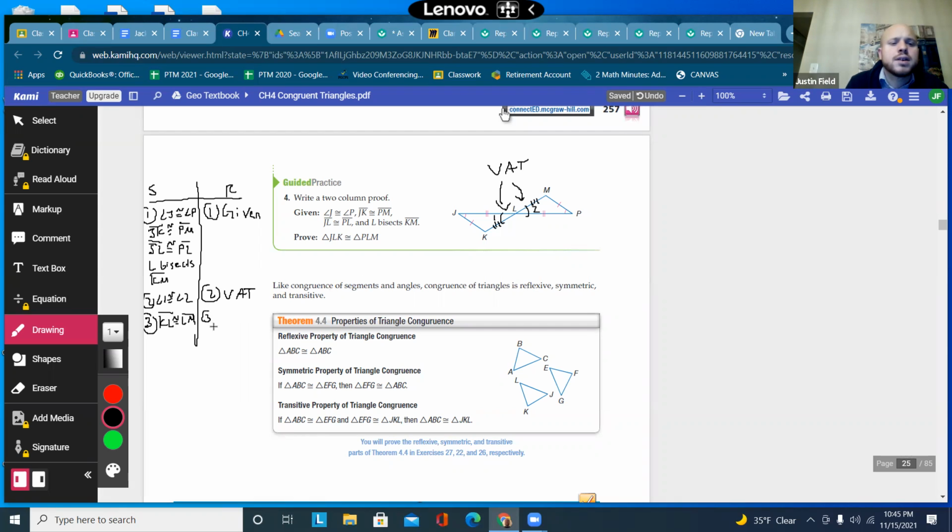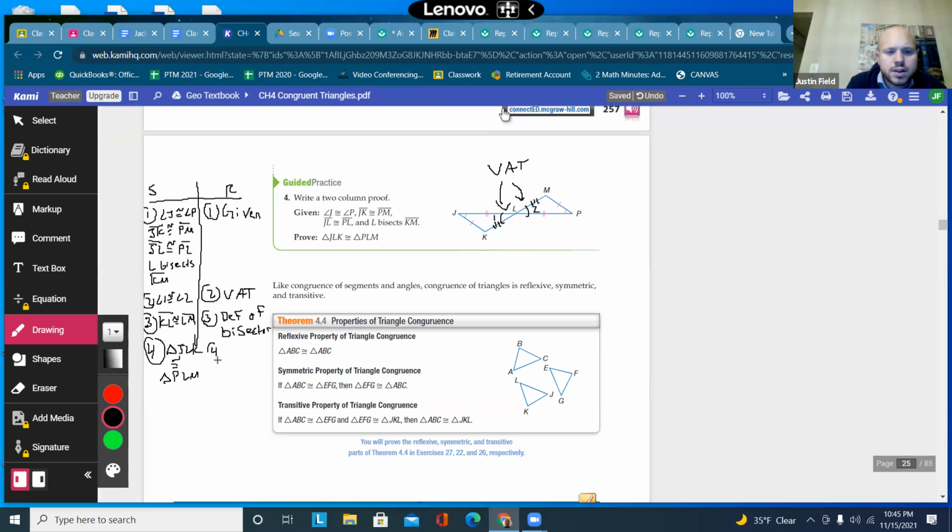By the definition of bisector. And then we've said everything we need to say, so we can say triangle JLK is congruent to triangle PLM.